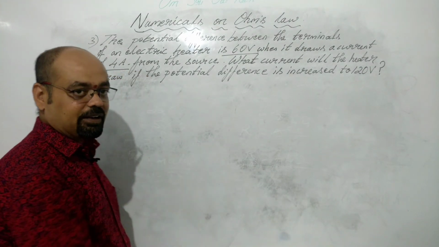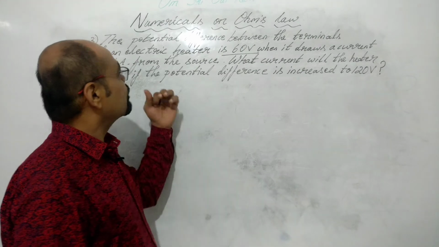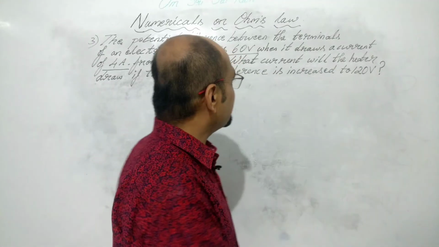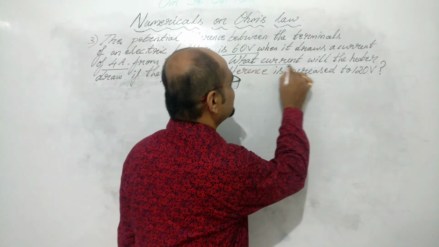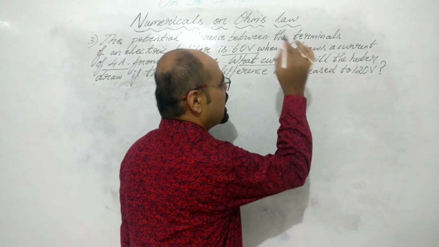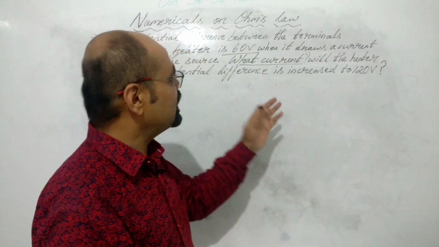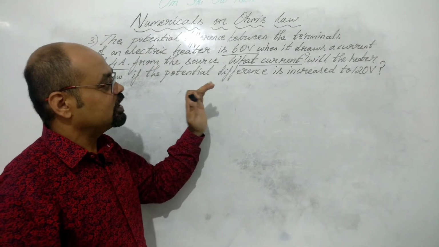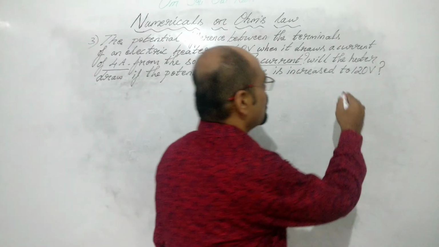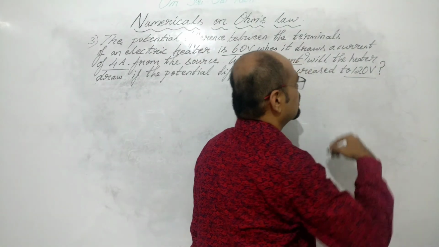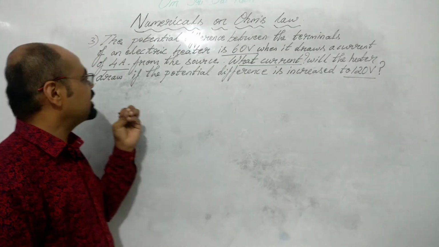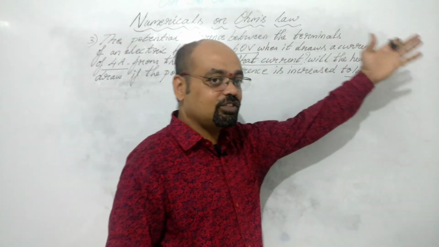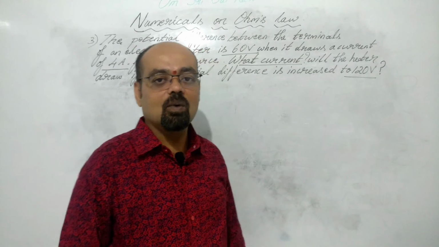So electric current is also given from the source. What current will the heater draw if the potential difference is increased to 120 volts?